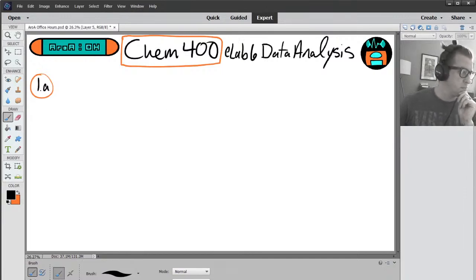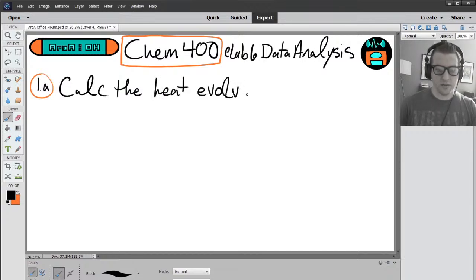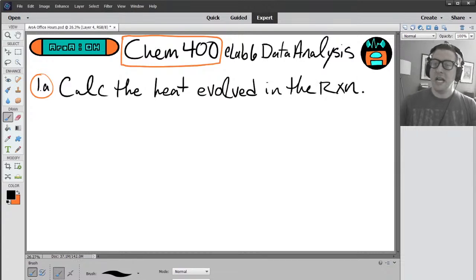So part A is calculate the heat evolved in the reaction. All right, and conceptually, here's what's going on.